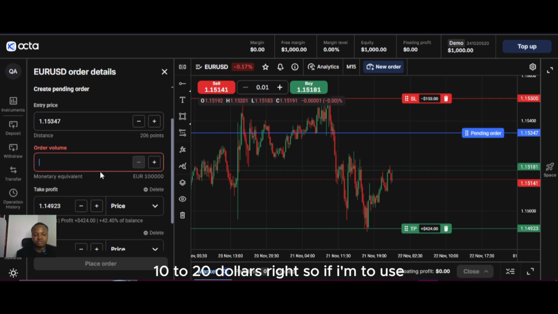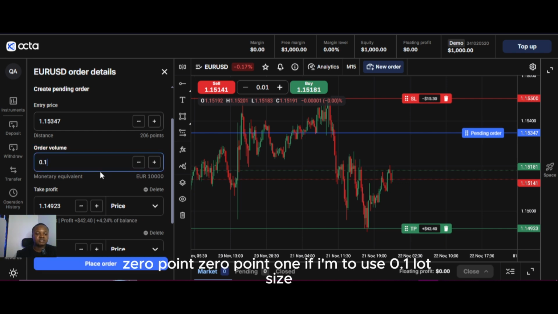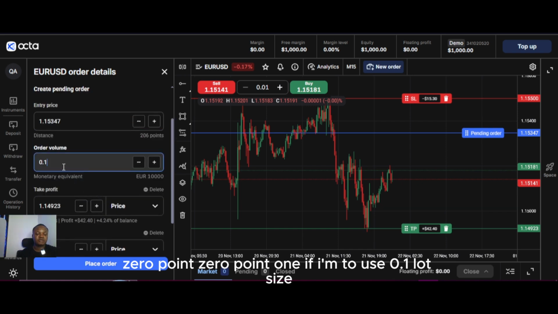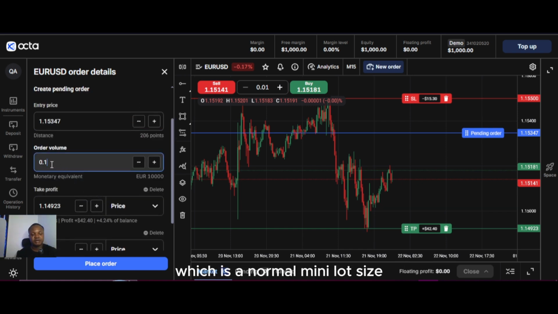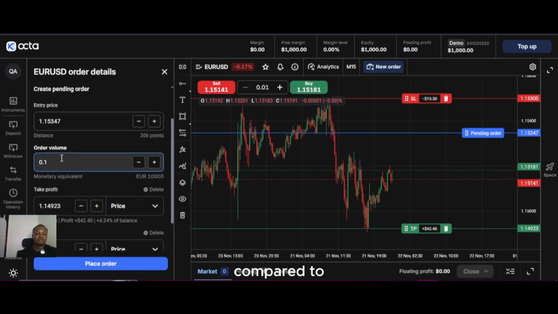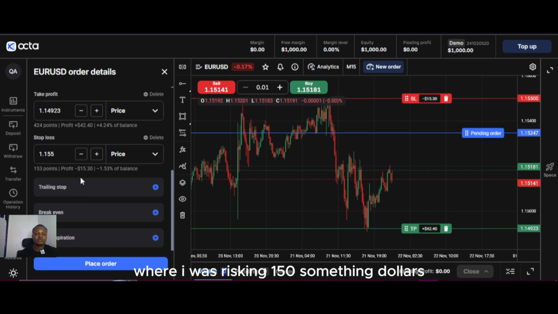So if I'm to use a 0.1 lot size, which is a normal mini lot size, it means I'm risking $15 to catch $42, compared to when I used the standard lot size, where I was risking $150 something.